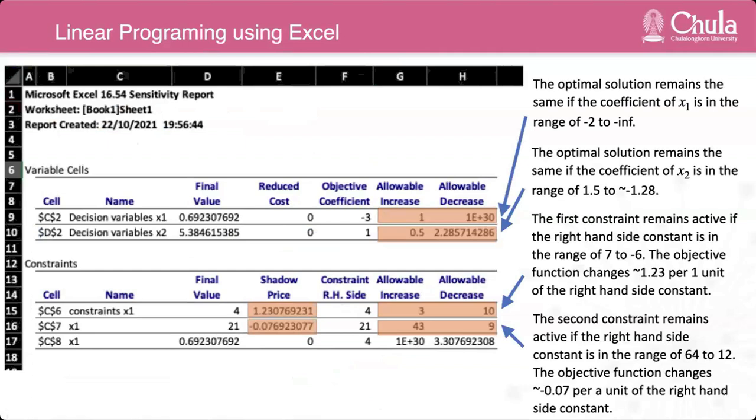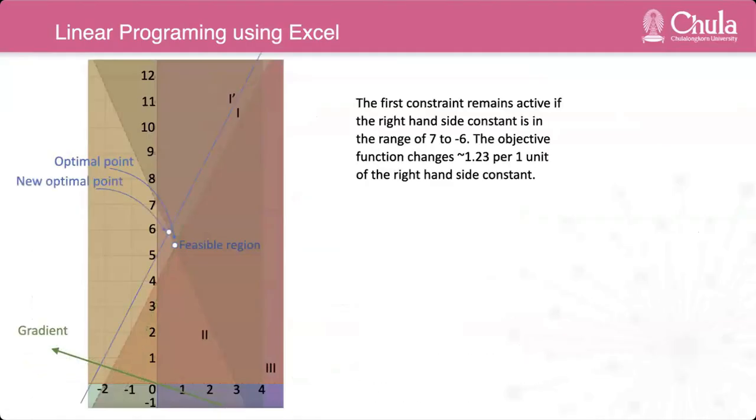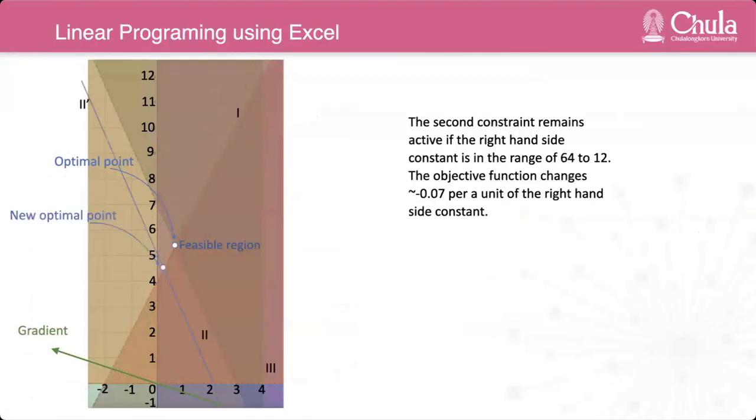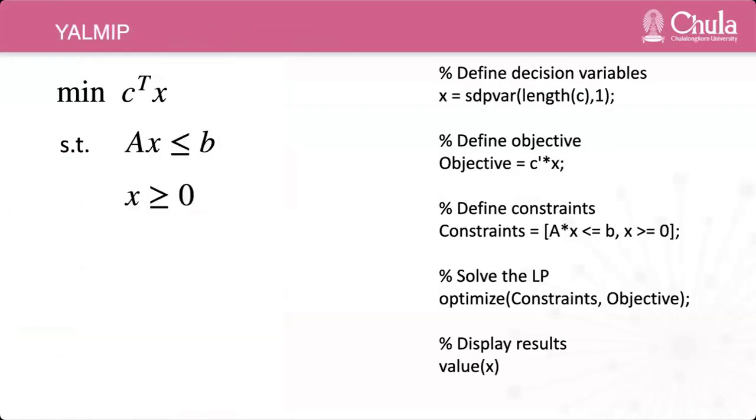And also shadow price. Okay. So take your time to read it and try to understand this. Yeah. I explained already about the meaning of shadow price and also the changing of gradient and what happens. Okay.